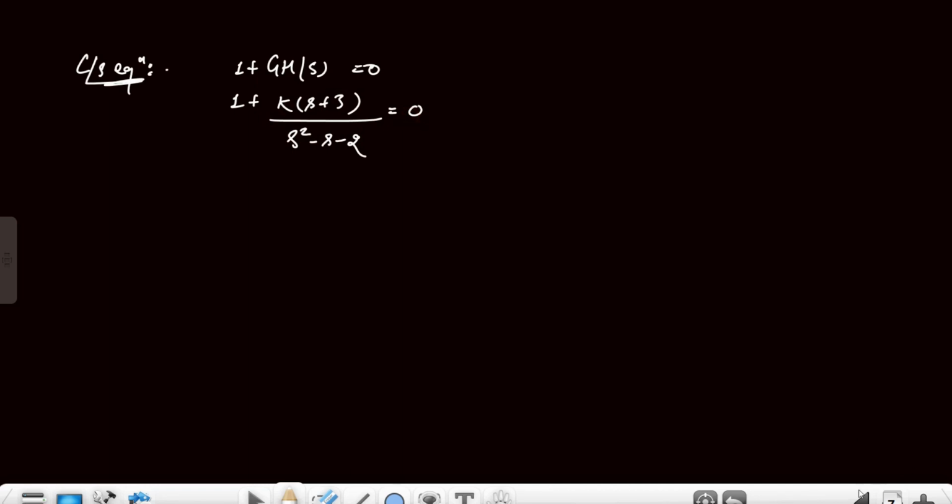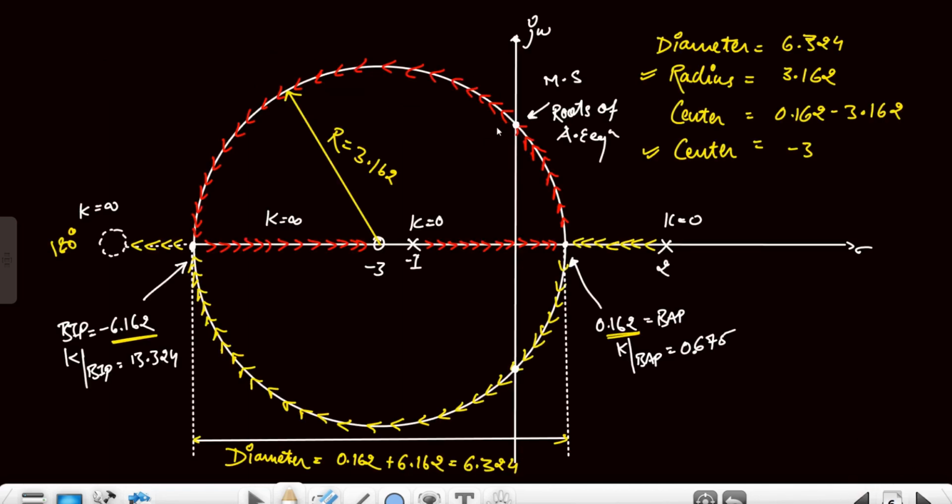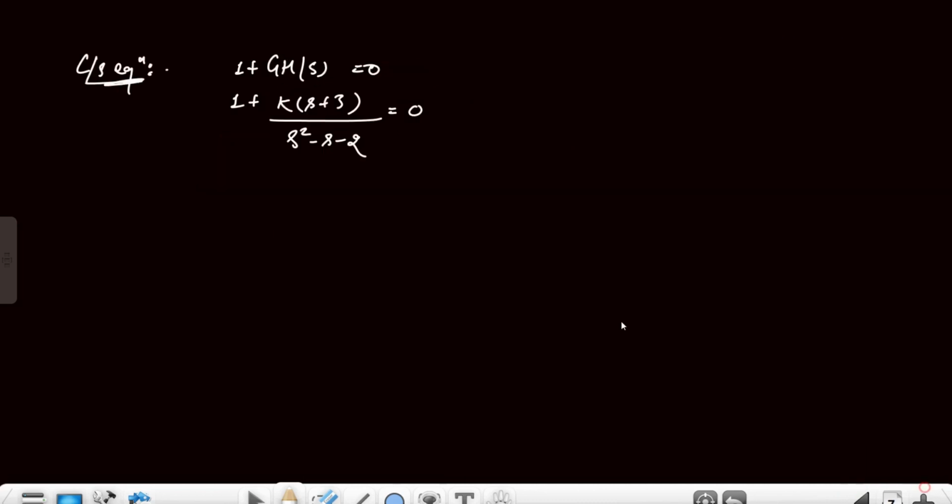First of all, the characteristic equation, that is 1 plus GH(s) equal to 0. So it is 1 plus K(s plus 3) upon s square minus s minus 2. And whenever the roots lie on the imaginary axis, it means यहाँ पर ROZ occur कर रहा है. There is an existing ROZ, that is the row of zeros.